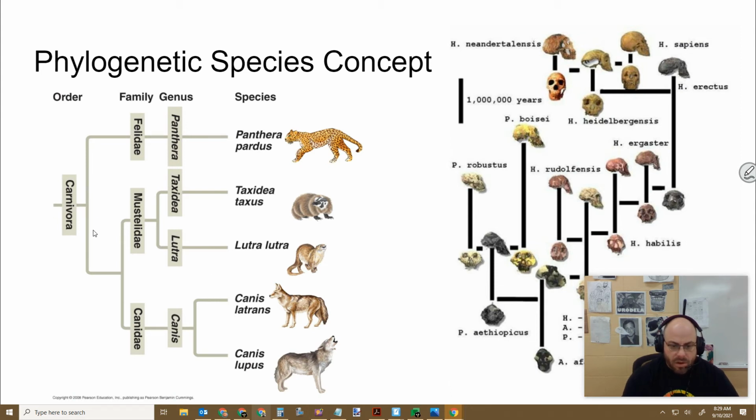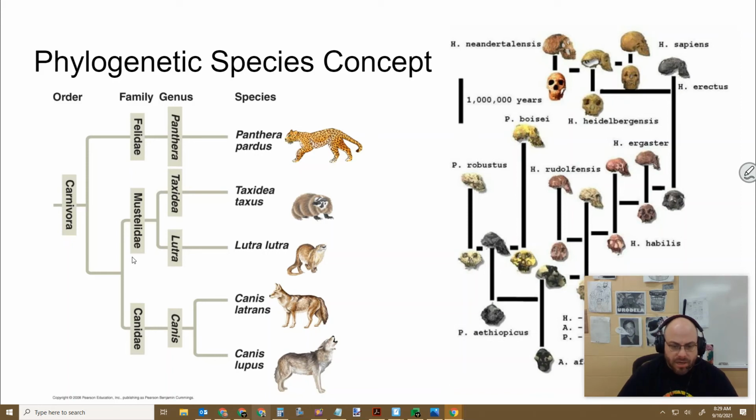So here you have carnivores coming out, and you can see the common ancestor between wolves and panthers, but you see these other branches along the way. The common ancestor between wolves and panthers is way back here, whereas the common ancestor between wolves and this particular group, which is like weasels and badgers, is more recent. And so it shows you a lot more information.